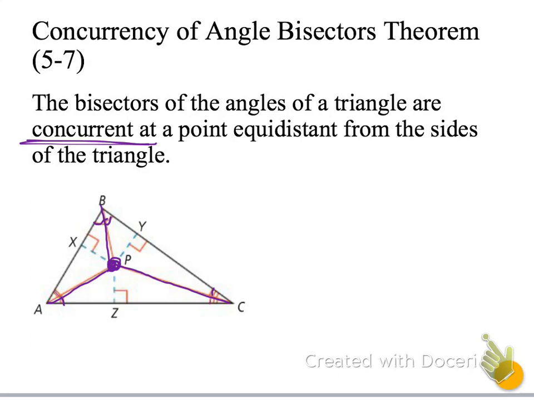So instead of being equidistant to the angles, now we are equidistant to the sides. So all of these sides, so this side is now equidistant, this side is now equidistant, this side is all equidistant. So if you're doing angle bisectors, you're going to have equidistant sides to your center. If you're doing perpendicular bisectors, you're going to be equidistant to your angles. It's a little bit confusing, but we'll go over it more in class.